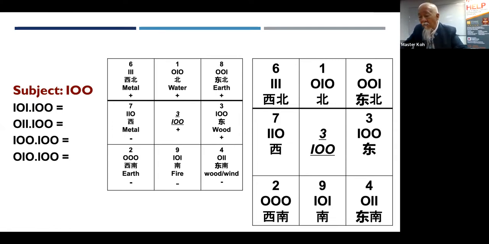The other 4 are negative, female. So in a cubical magic square, half of them are positive, half of them are negative. But when you put them into binary itself, it doesn't work like that, because it's on one single page. It's a linear thing. It's not a cubical thing.